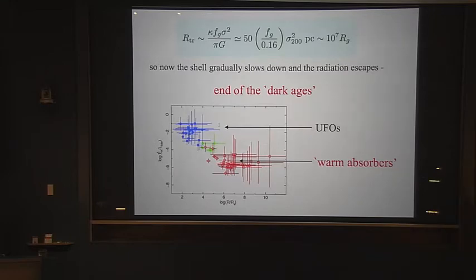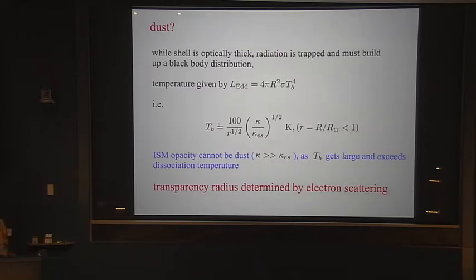And this is the data that shows you that roughly at about 10 to the 7, 10 to the 8, a lot of radiation can actually escape. And this is measured in the warm absorbers that are seen in the X-ray, right?